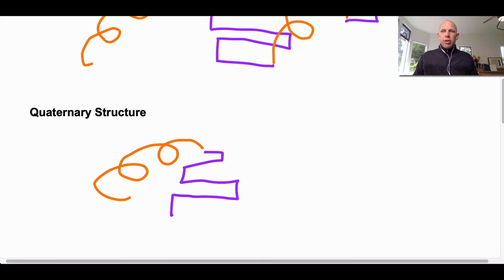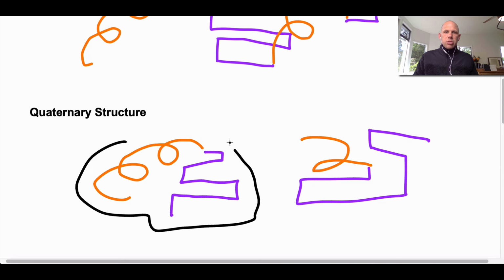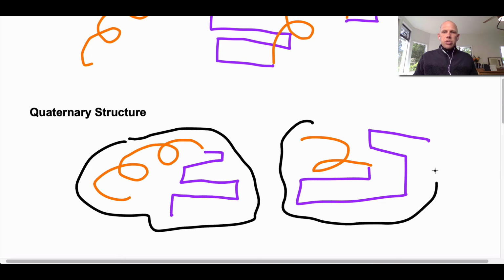And then the other region maybe is a smaller alpha helix with a beta sheet. And you can think of this as one tertiary structure, and you can think of this as another tertiary structure, okay, that's connected. And then this entire thing here is the protein itself, okay?